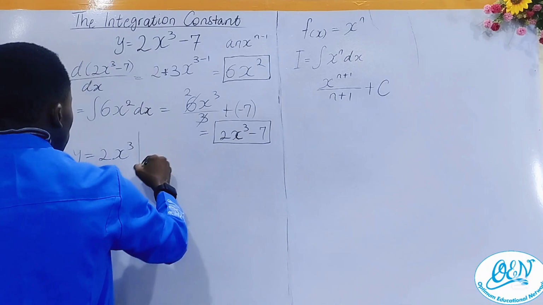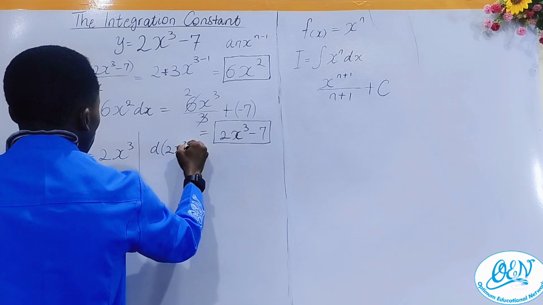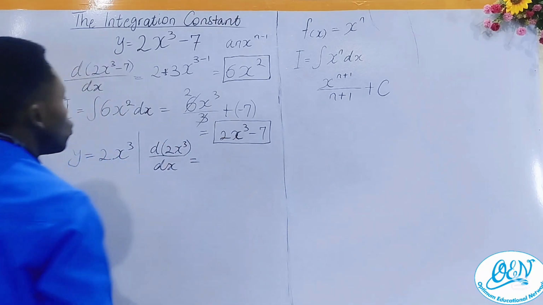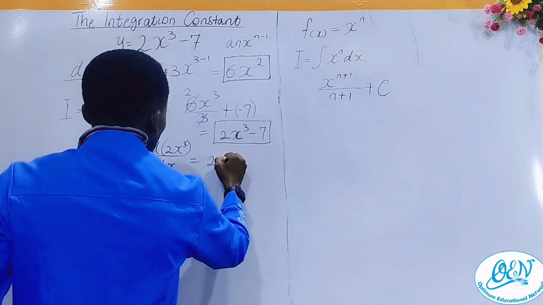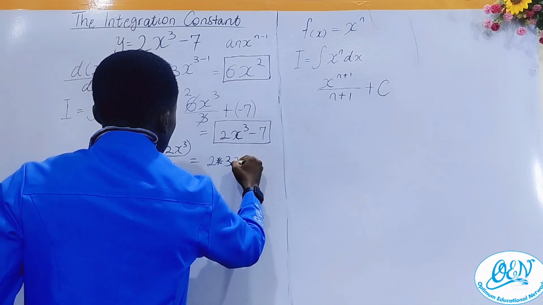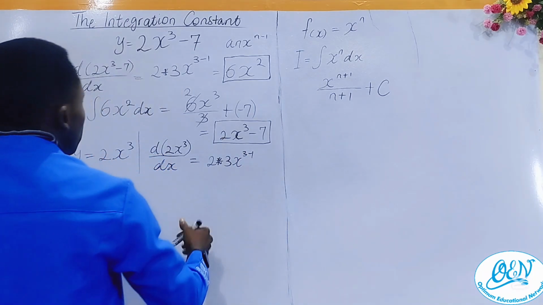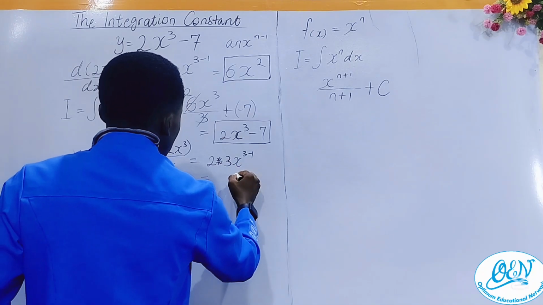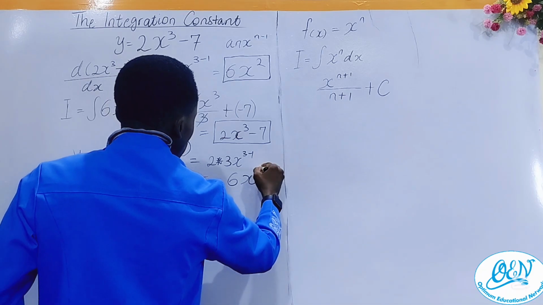To obtain the derivative of this function, we have d of 2x cubed over dx, and we go by this formula: 2 times 3x to the power 3 minus 1. There's no constant to differentiate, so this gives us 2 times 3 is 6x, 3 minus 1 is 2.